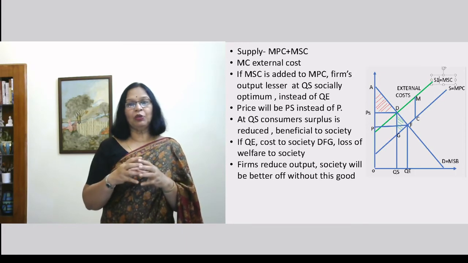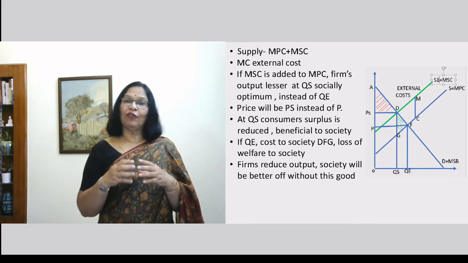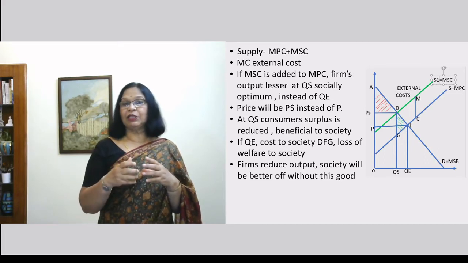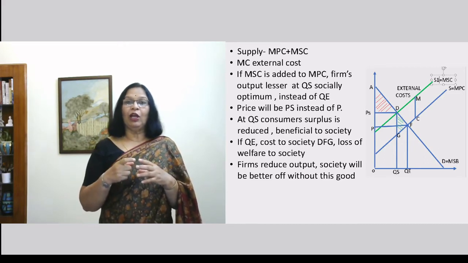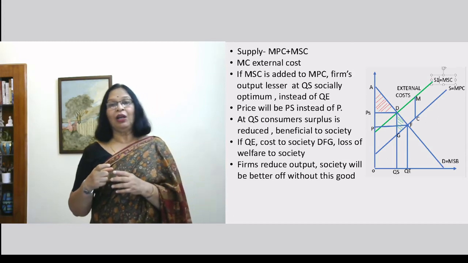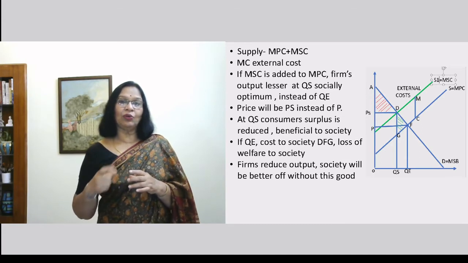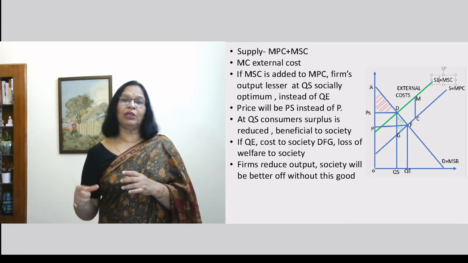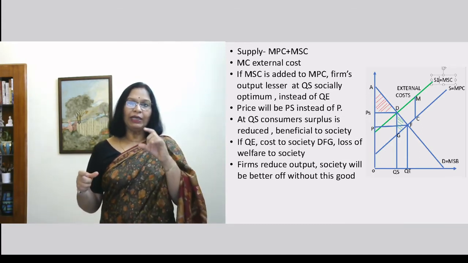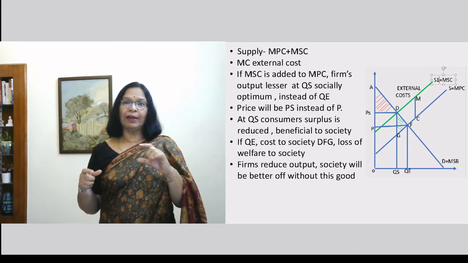If this polluted water had to be treated by the firm, the firm would have incurred certain expenses to clean up the water. Now this firm is not spending money on cleaning up the water, and it is releasing the untreated water into the water bodies. So that expense that the firm should have actually incurred is MC.